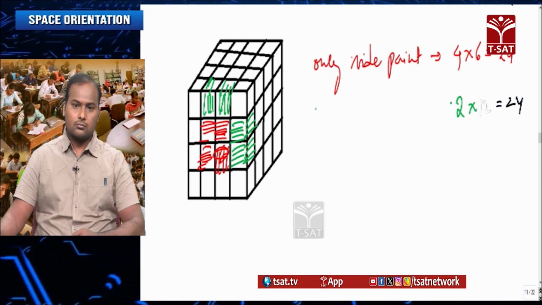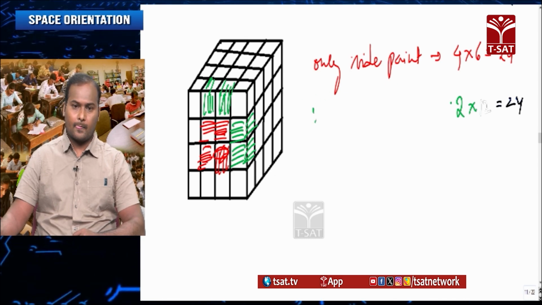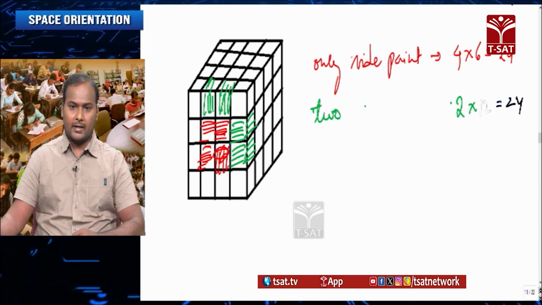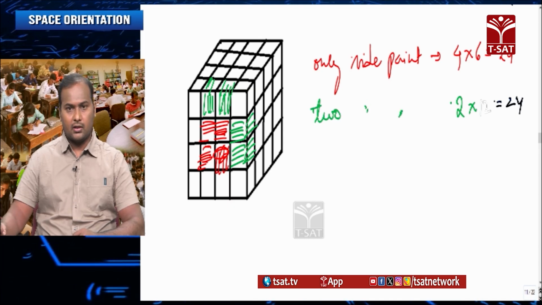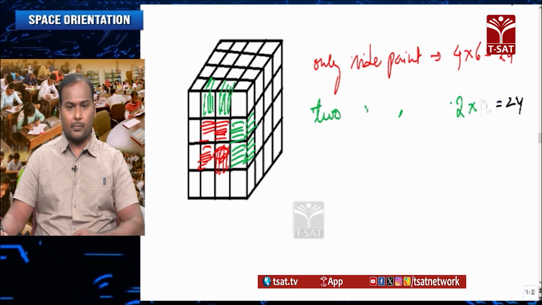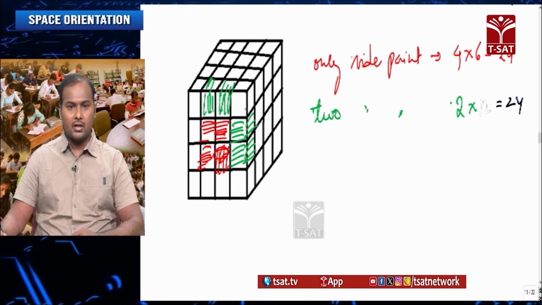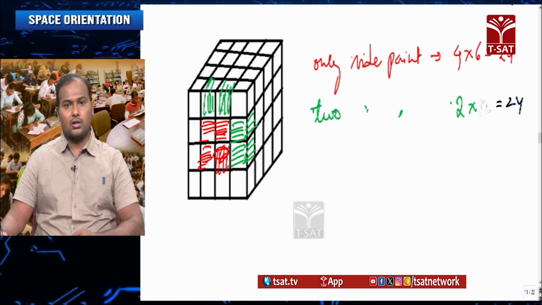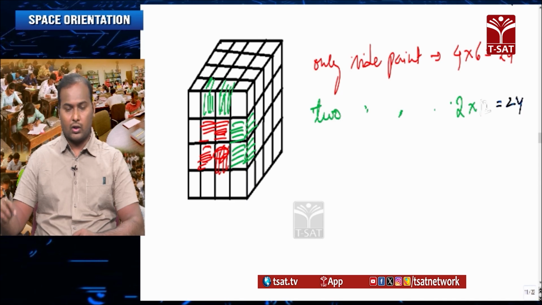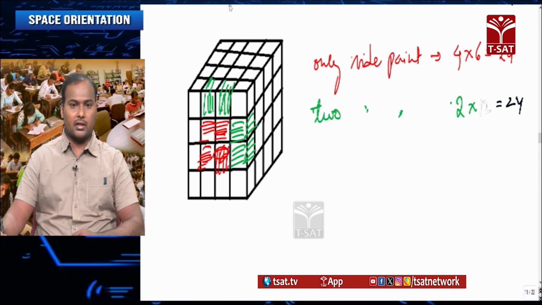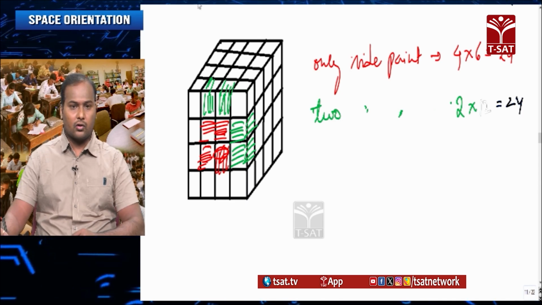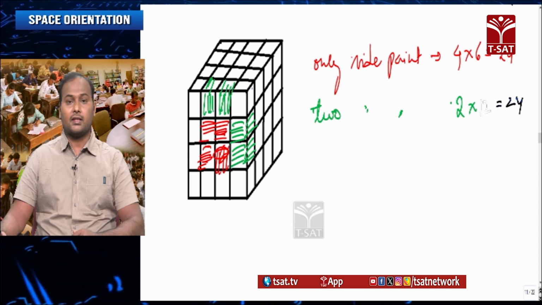So two side paint is 24 because two side paint is possible only on the edges.